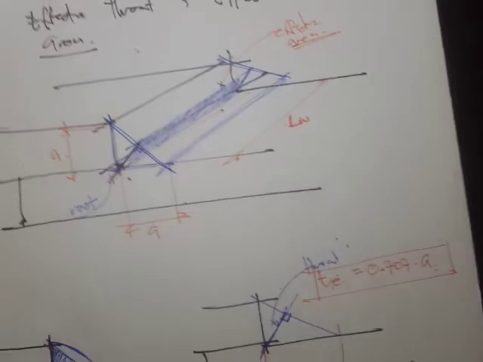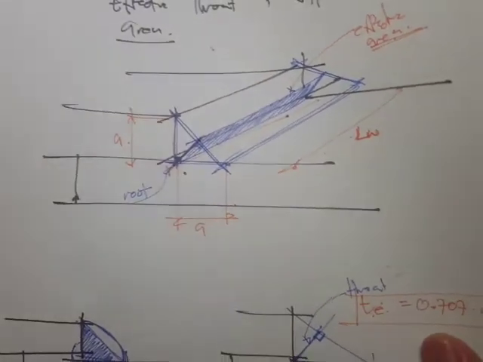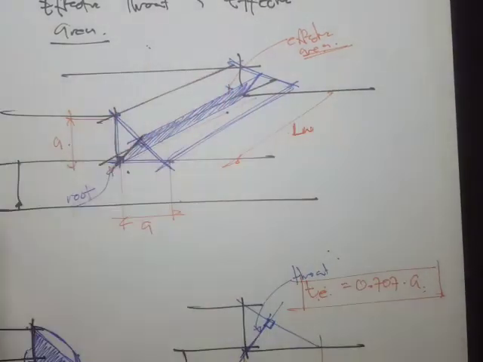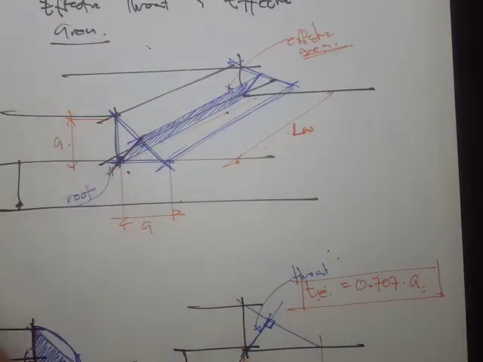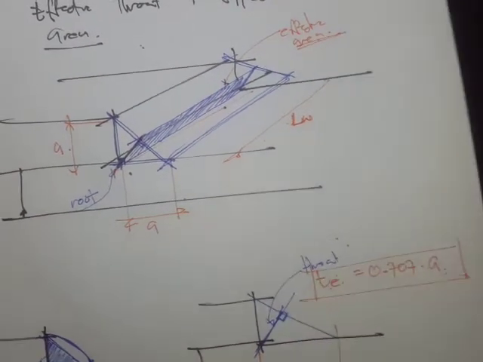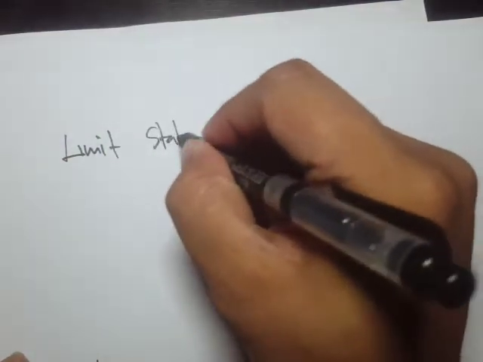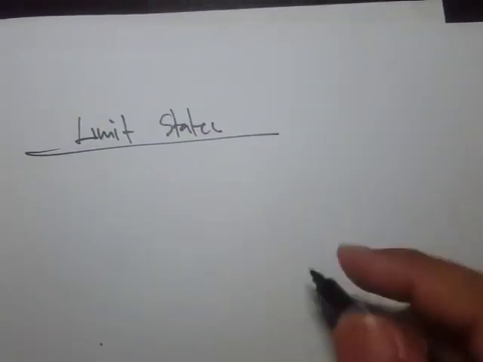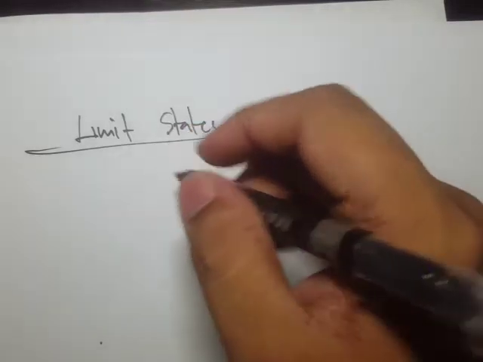Okay, so now let's move on to the code provisions, because we already understand these basic nomenclatures in this fillet weld configuration. Okay, so for the code provisions, we will start with the limit states. So again, limit states are actually the basis for the analysis or the design.